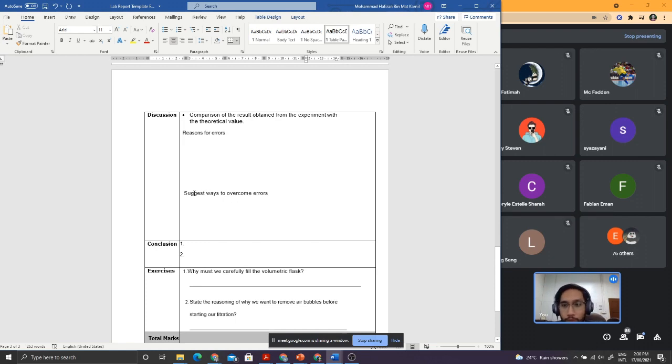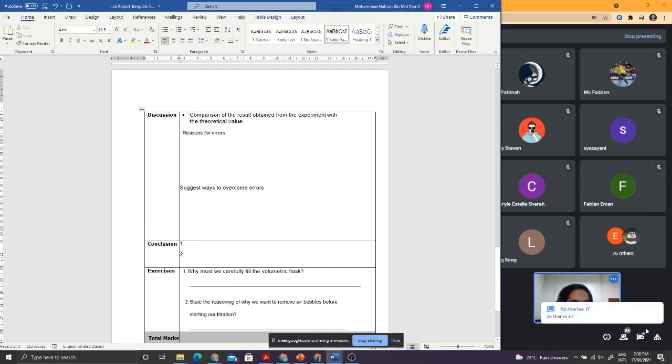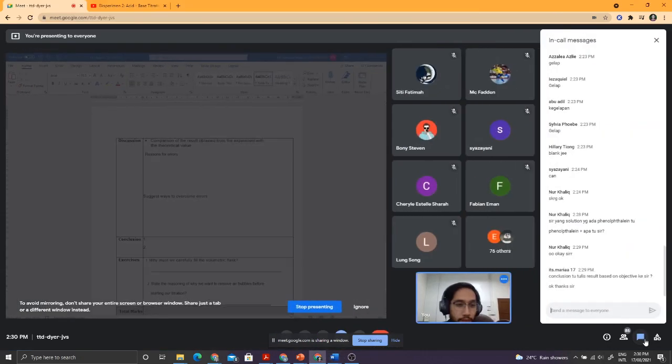Okay, any more question? Yes, it is based on objective jugalah, because objective is apa yang kita nak cari lah. Any more question? Kalau tak ada question, we can dismiss early in our class.